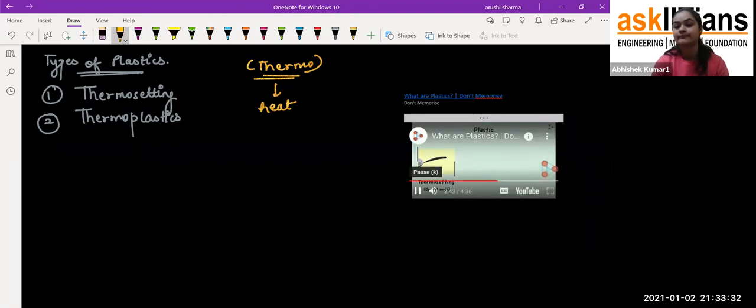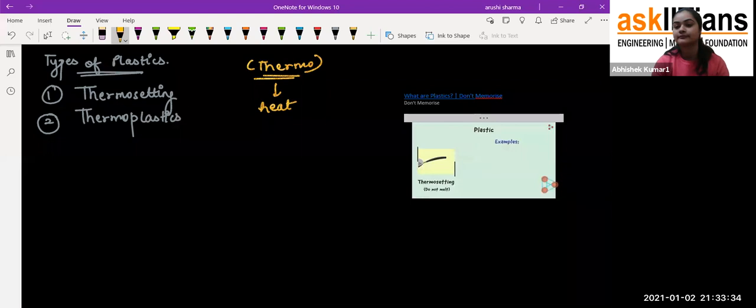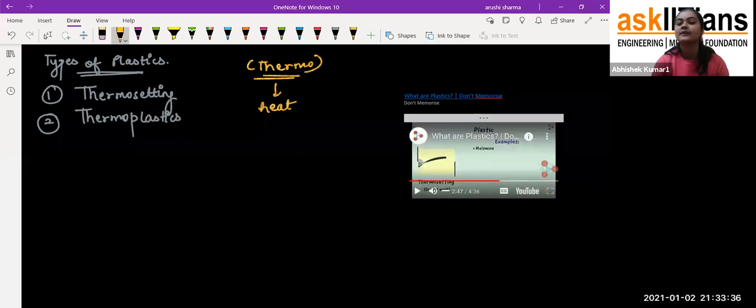The two most commonly used examples of thermosetting plastics are melamine. Yeah, we'll discuss their examples as well. But students, have you observed what thermosetting plastic is? The first one which I have written here is the thermosetting plastic.